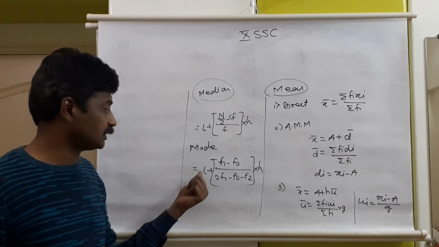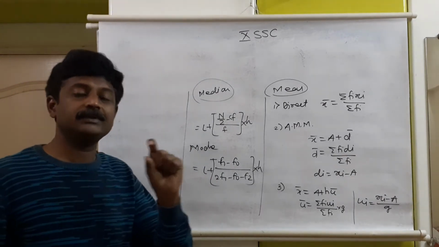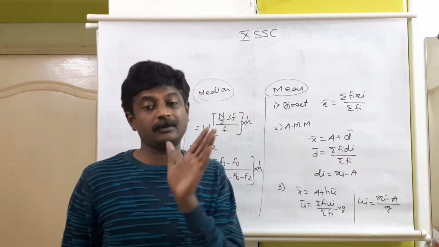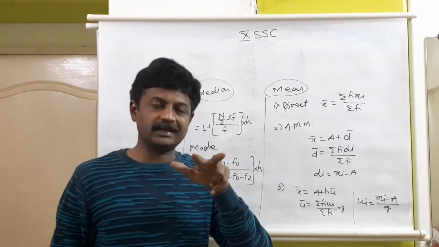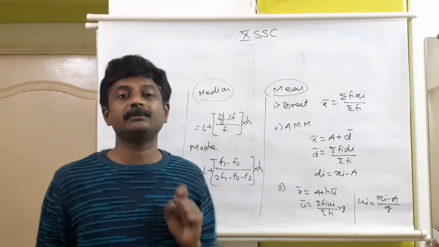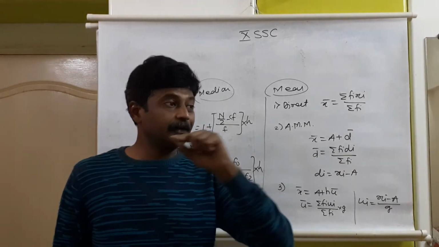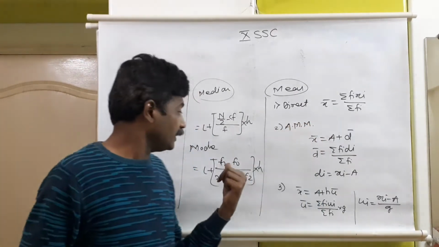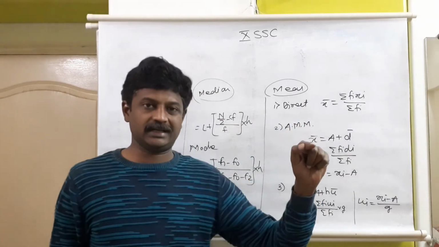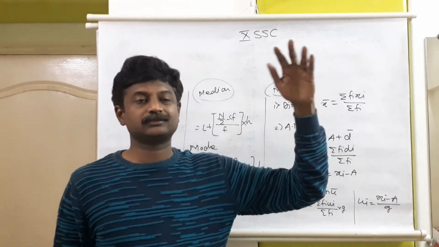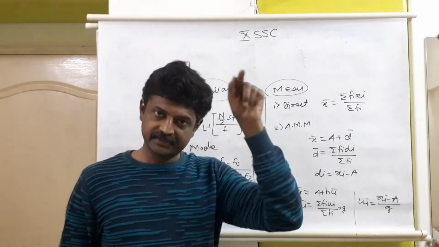After marking the modal class, the lower limit of the modal class in continuous form, not in discontinuous form, is the value of L. F1 is the frequency of the modal class. F0 is the frequency of the previous class of the modal class. So F0, F1, F2 serially.